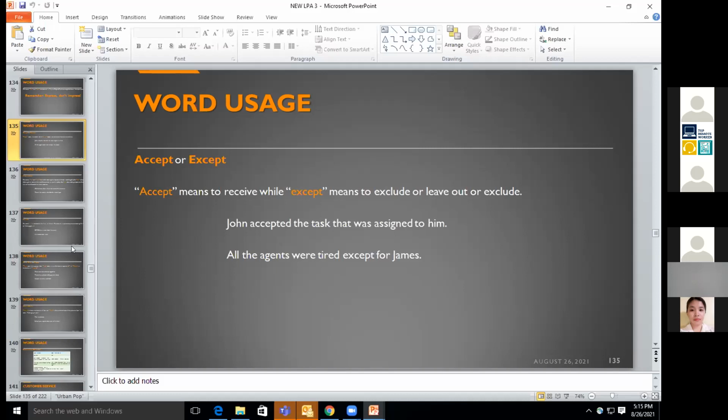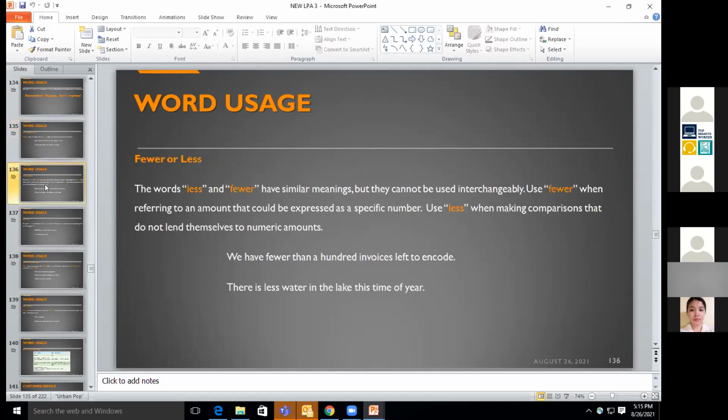All the agents were tired except for James. Because of the sound of it, it's like it's the same, right? The sound is the same. However, of course, you have to know the difference or the meaning of the two.